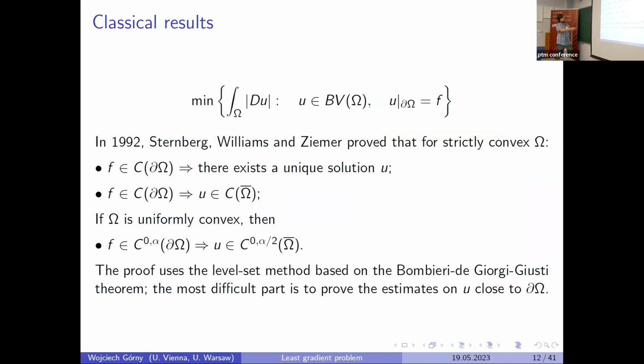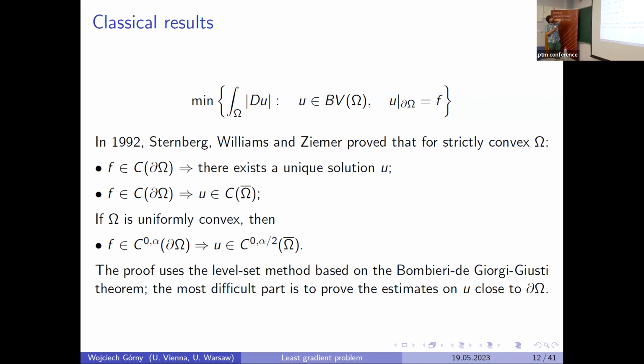But in particular, I wanted to write this result to say that not only we don't have a smoothing effect, we actually have worse regularity inside the domain than we usually had on the boundary data. And the proof uses the level set method based on the result I mentioned earlier by Bombieri, De Giorgi and Giusti. The most difficult part is to see what happens close to the boundary.